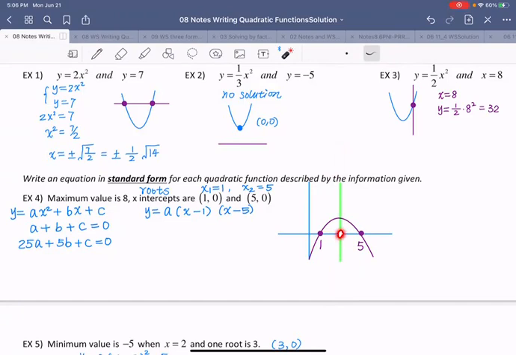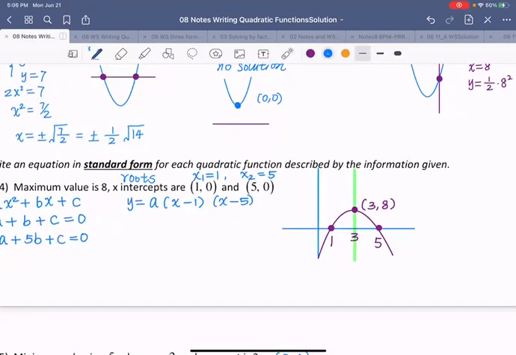Yes, the midpoint is at 3. And the y value here equals 8, right? So this point is at position (3, 8). Now we can plug in 8 into y. Let's solve it.